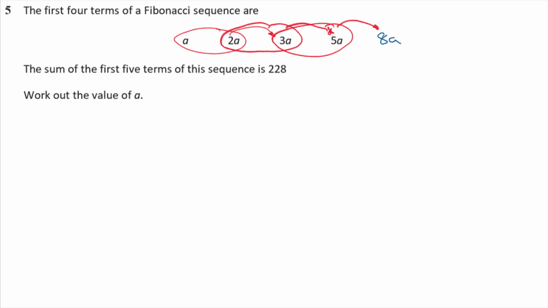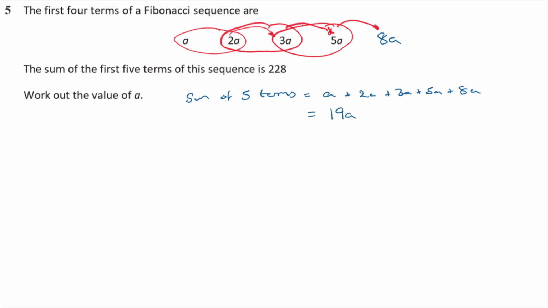The sum of 5 terms is going to be A plus 2A plus 3A plus 5A plus 8A. How many A's is that? So that's 10, 15, 18, 19 A's.